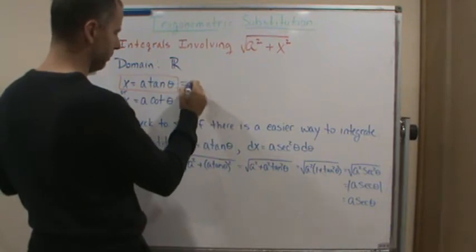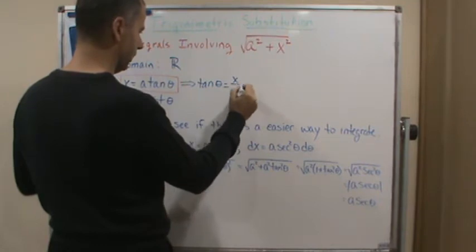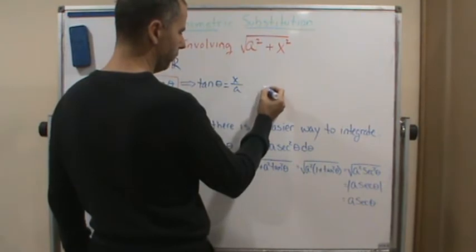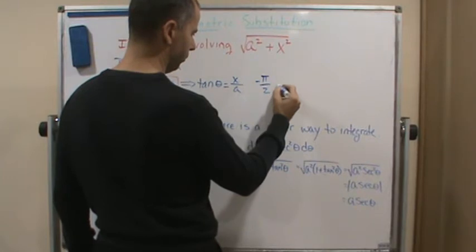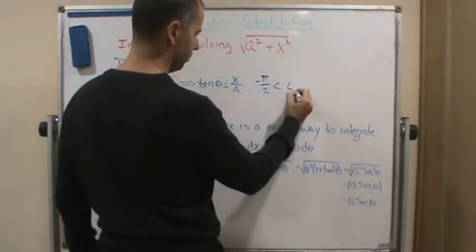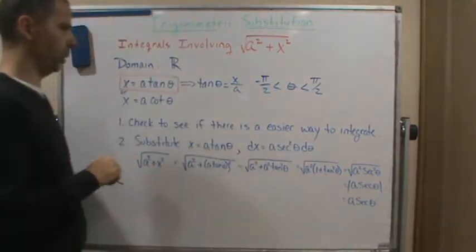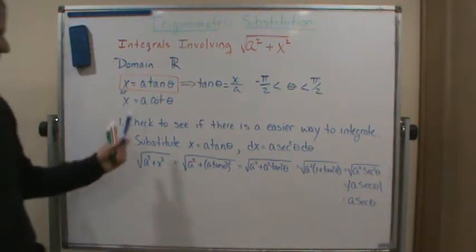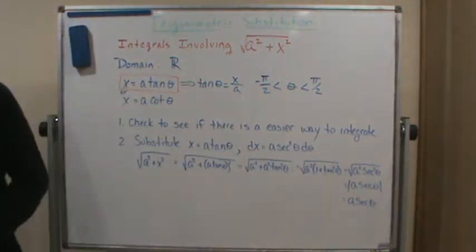So we have tangent theta equal to x over a, and we're going to assume that the interval is from negative pi over 2 to pi over 2, because that's where tangent is defined.